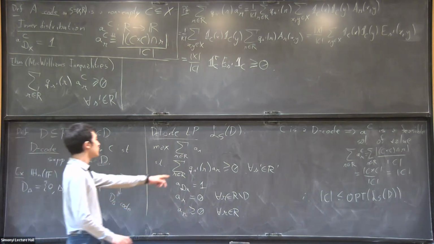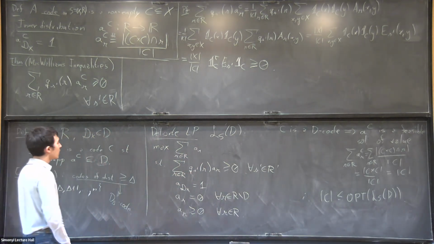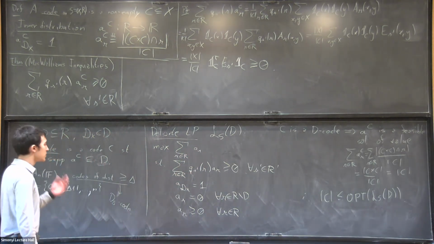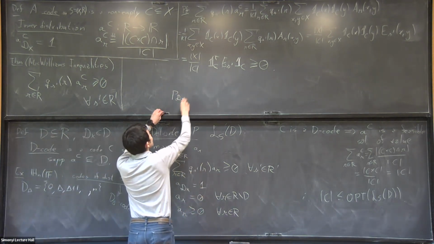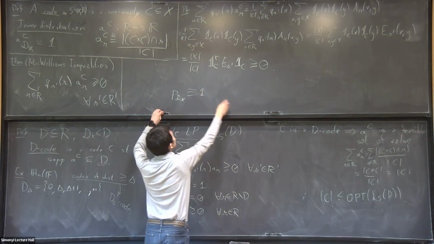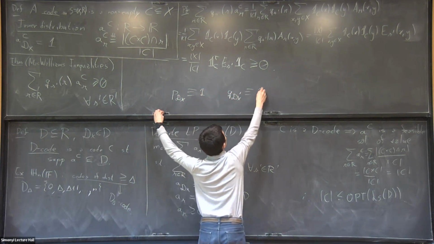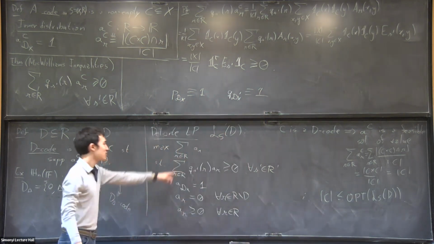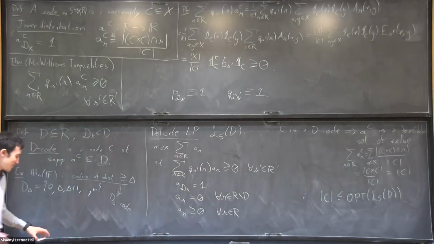If you take the dual diagonal, it's obviously true because, I didn't write it, but this guy is the constant one function, and this guy is also the constant one function. So if you plug the constant one function here, you get this trivially true.